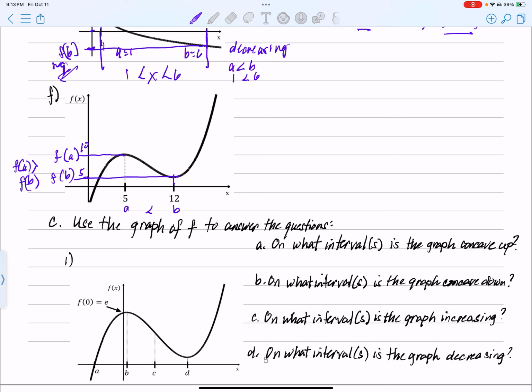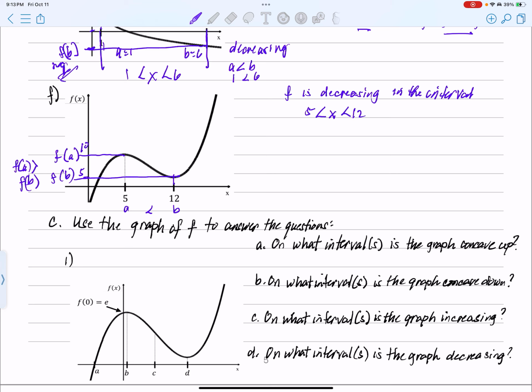The function is decreasing, because one is greater and the other one is less than. Okay? It is decreasing in the interval. So you write the interval from 5 to 12.